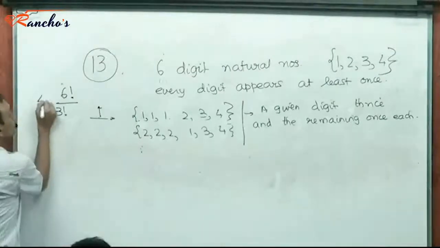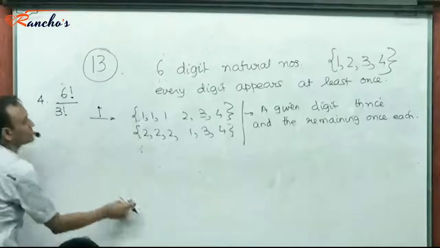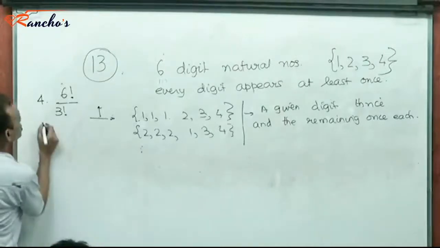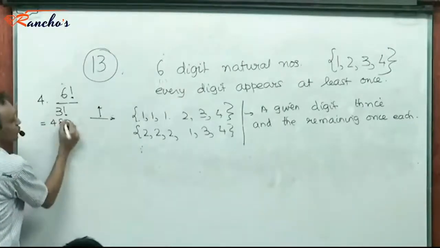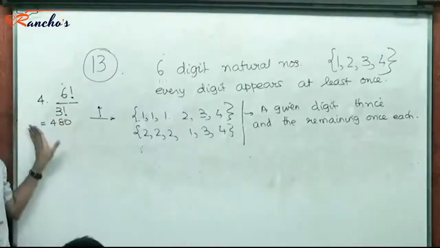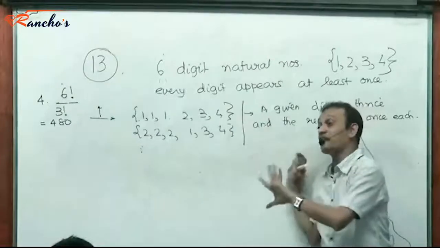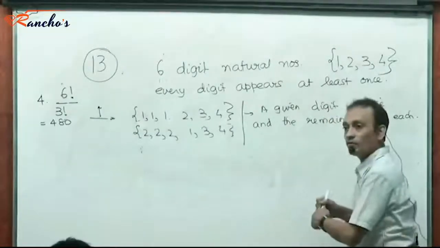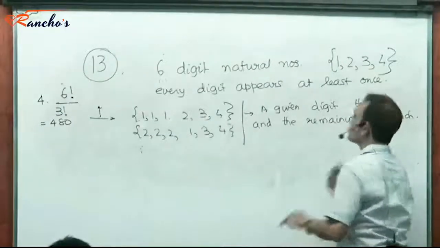So for each one of them, it's 6 factorial by 3 factorial. So for 4 such cases, I have 4 into 6 factorial by 3 factorial. That makes it 120 into 4, 480. There are 480 numbers in which a given digit appears thrice and the remaining 3 digits appear exactly once.